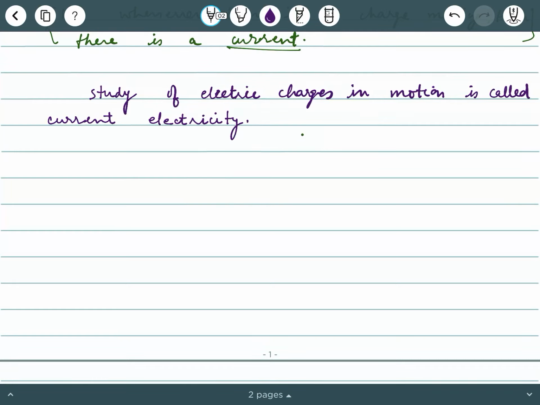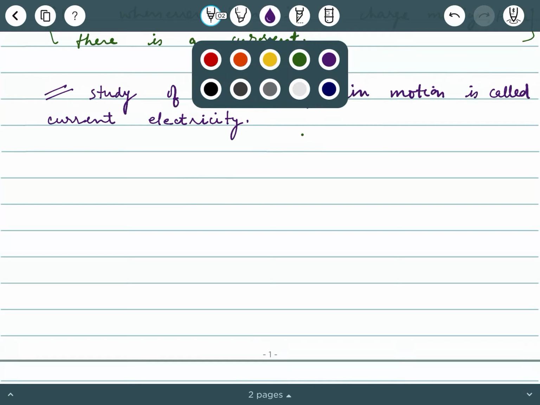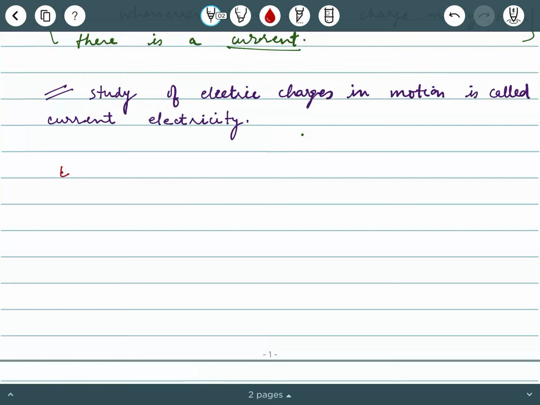So this is a very quick introduction of the chapter. I'll not talk much about the name now. So the first thing which is important to understand for our syllabus is electric current. Directly moving to the points which we should study now.